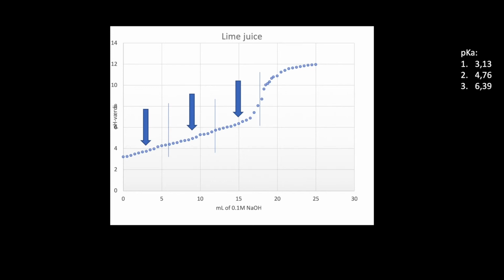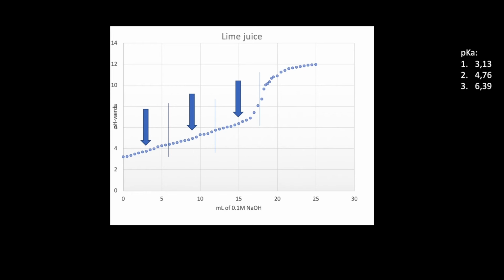Obviously, there are some errors to this experiment. Maybe the titration wasn't done exactly properly, and it's done all with eye measure, so it's hard to control how much sodium hydroxide is put into the mix.